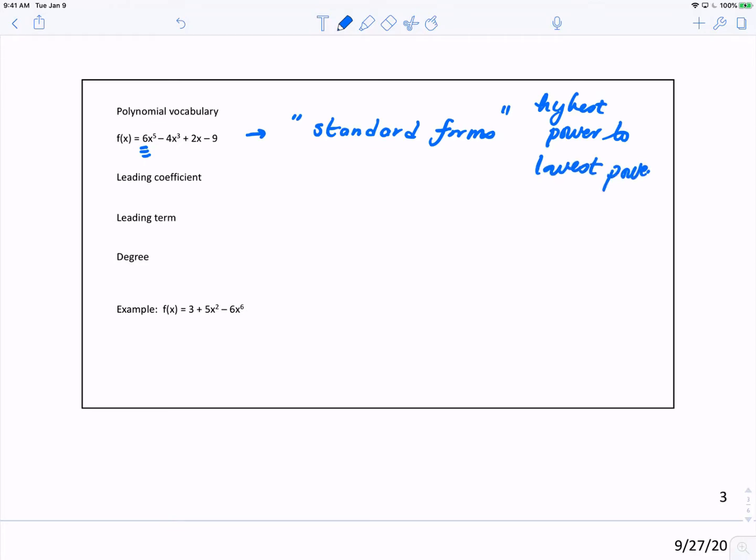And that's usually how you see them written anyway. The leading term is the first term here once it's in standard form. The degree is the degree of this term. So we would say the leading coefficient here was 6, the lead term was 6x to the 5th, and the degree was 5, because that's the degree of the leading term.